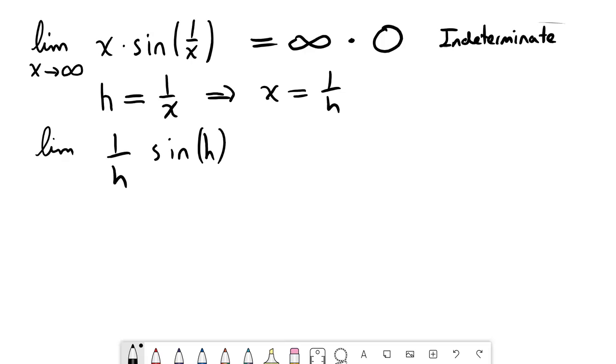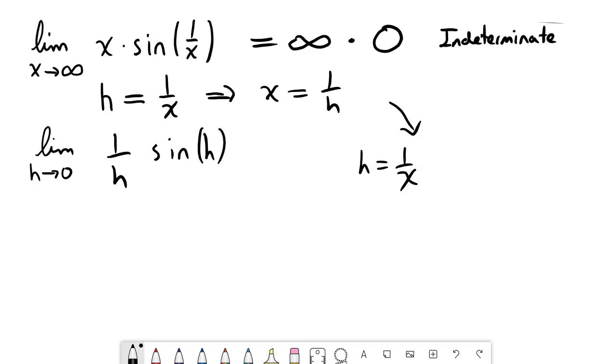I left the thing at the bottom of the limit different because we're actually changing it by making this substitution. This is where we should focus. So when I make h equal 1 over x, as x goes to infinity, what does h go to? It goes to 0, right? So that's why we have to make it h goes to 0.